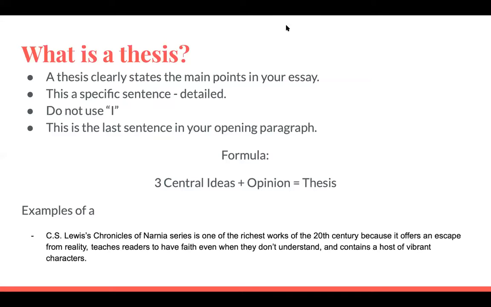Let's dissect this a little bit. So this right here is his opinion. That's a very off circle, but that is his opinion. So his opinion is that it's one of the richest works of the 20th century. Okay? So there's his opinion.